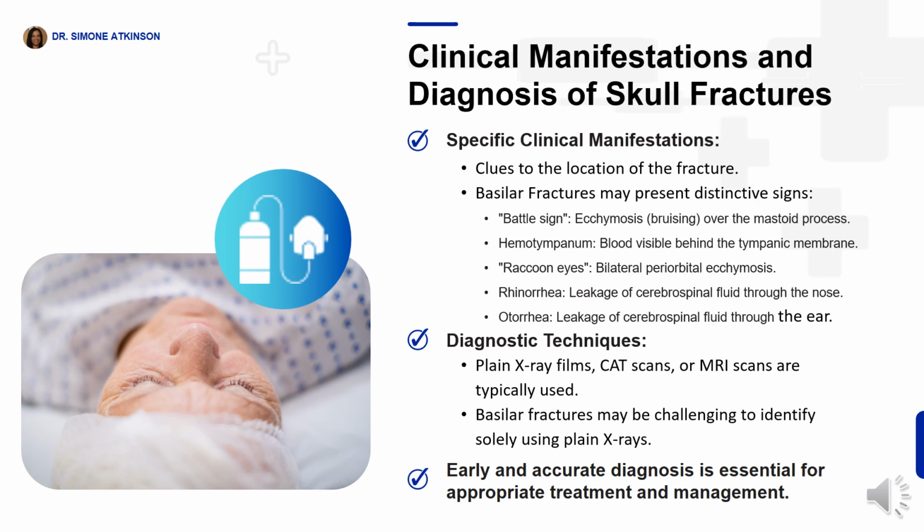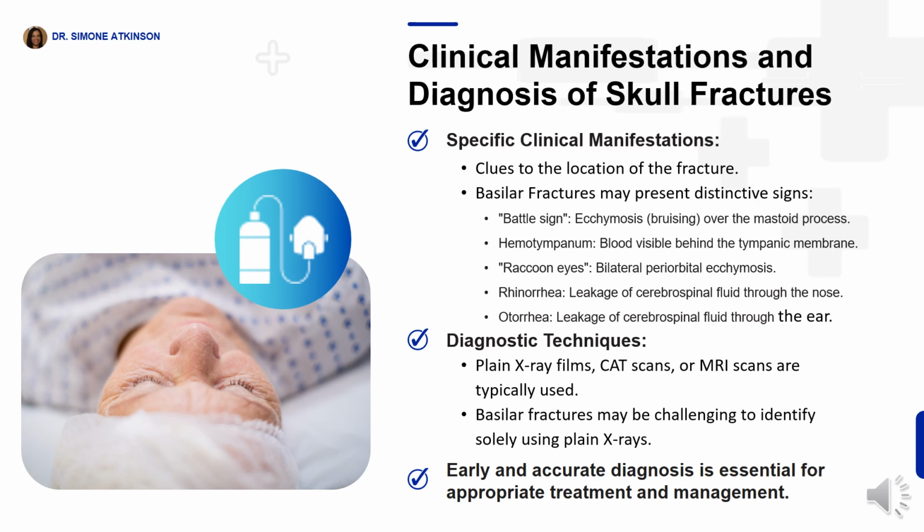And a third classic sign is raccoon eyes, which is characterized by bilateral periorbital ecchymosis. Additionally, rhinorrhea, which is the leakage of cerebrospinal fluid through the nose, and otorrhea, the leakage of cerebrospinal fluid through the ear, are also common indicators.